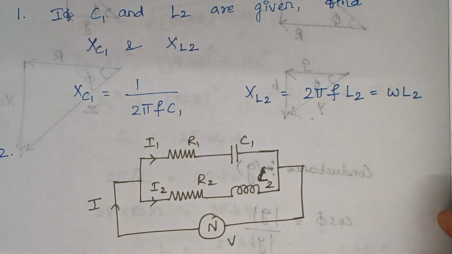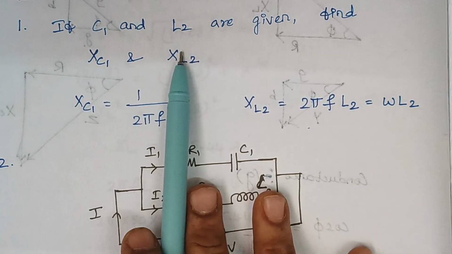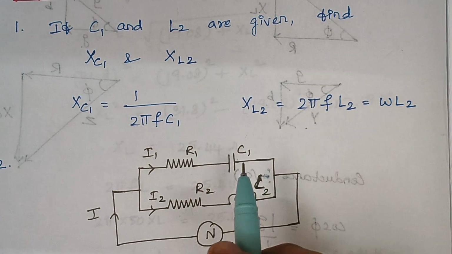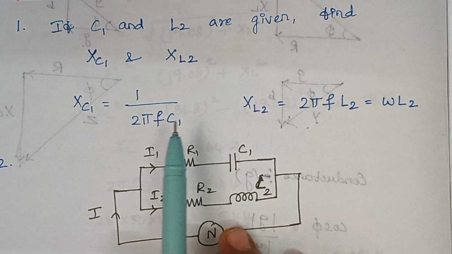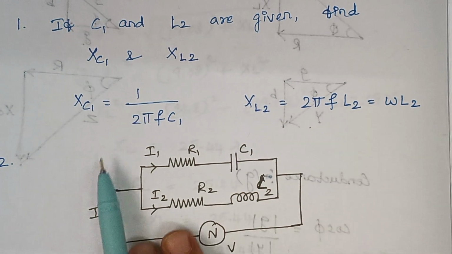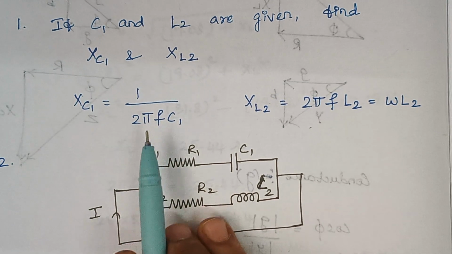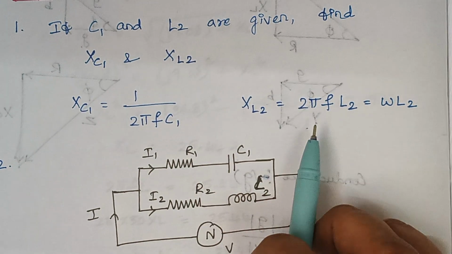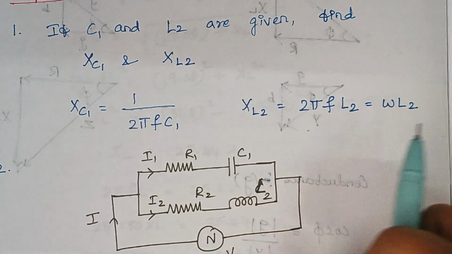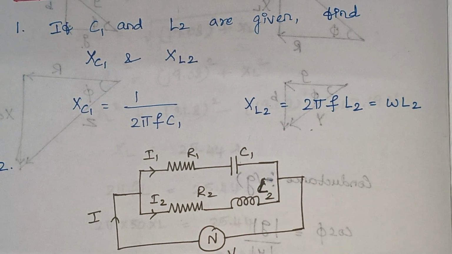So here you see if the C1 and L2 are given, the first step is we have to calculate the capacitive reactance and inductive reactance, right. Capacitive reactance is given by 1 by 2 pi f C1 and inductive reactance is given by 2 pi f L2, right? And this is your first step.